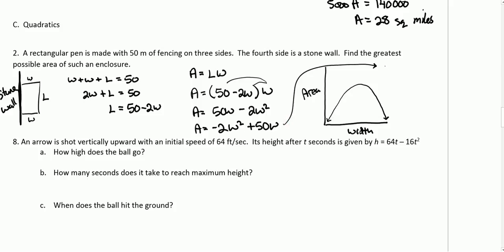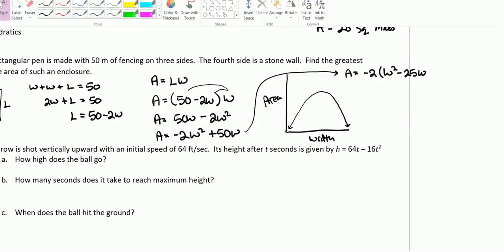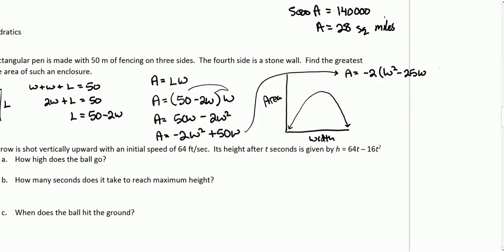So we want to put this in vertex form. I'm going to factor out the negative 2, and I'm left with W squared minus 25W. So then we want to complete the square here.